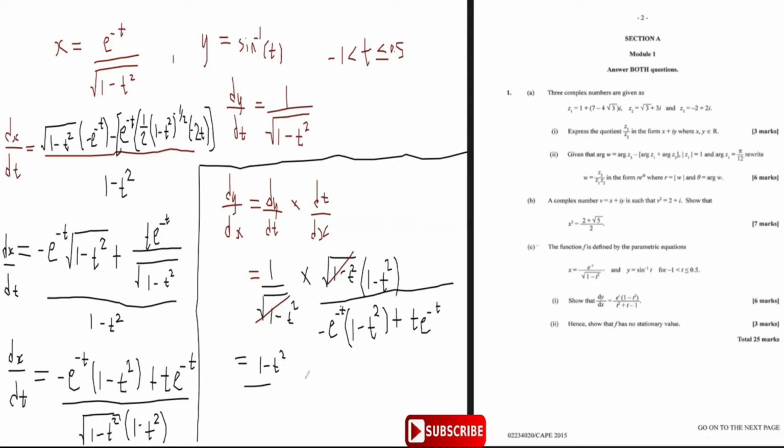Over, now in this denominator, I'm going to factor out e to the minus t. If we factor out e to the minus t, what we're left with will become t squared.